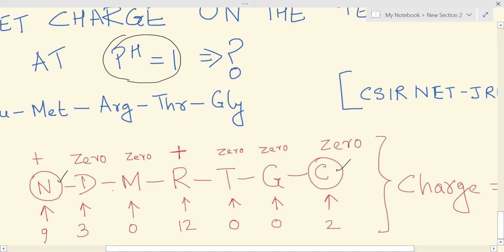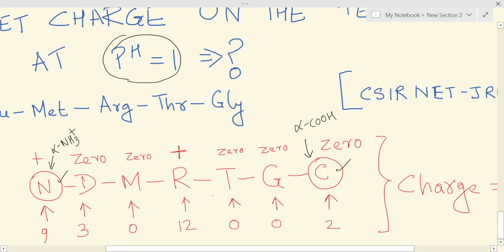N terminal means this has the alpha NH3 plus group, and C terminal means this has the alpha COOH group. I hope this is clear. And I have written the single letter code of these amino acids. This is aspartic acid, this is methionine, this is arginine, this is threonine, this is glycine and this is cysteine.